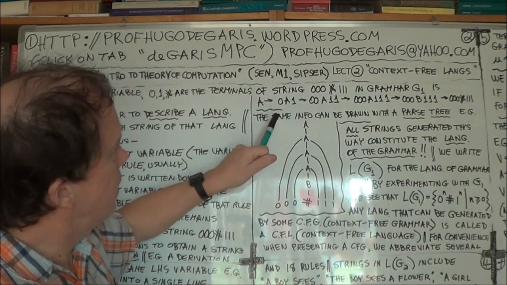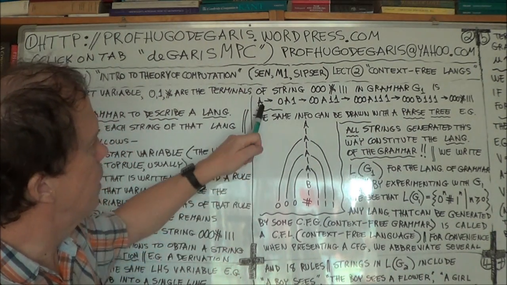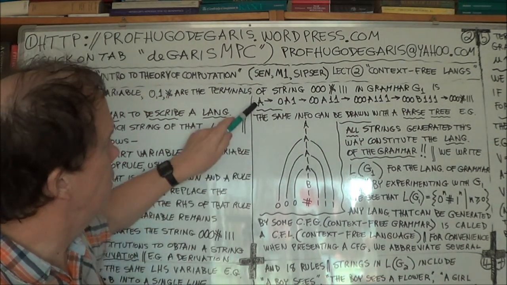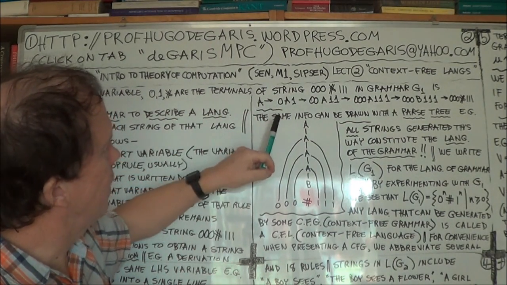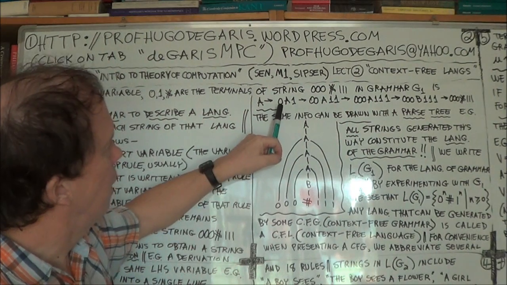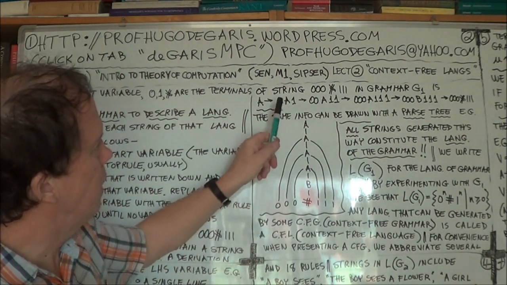One rule is A arrow 0A1. So you remove the A and replace it by 0A1.